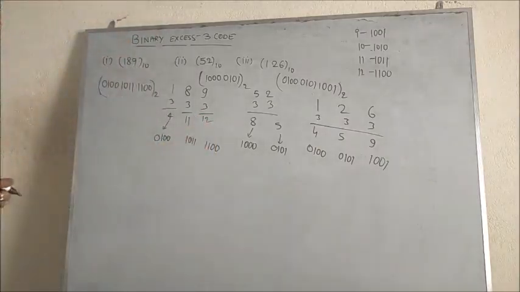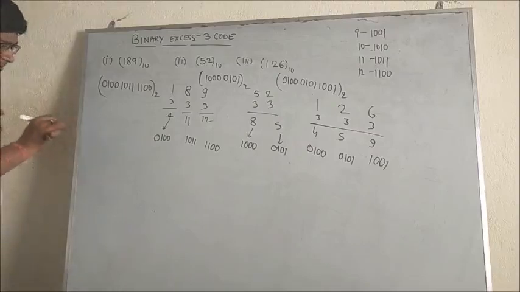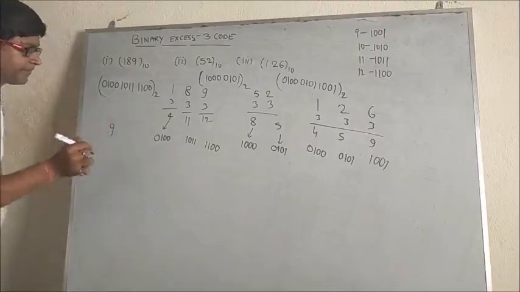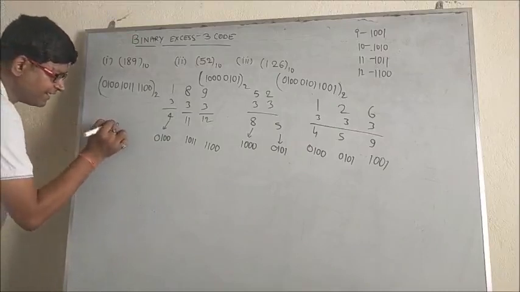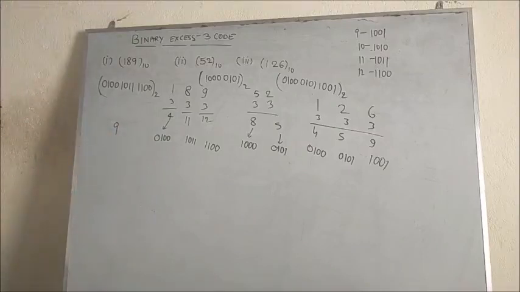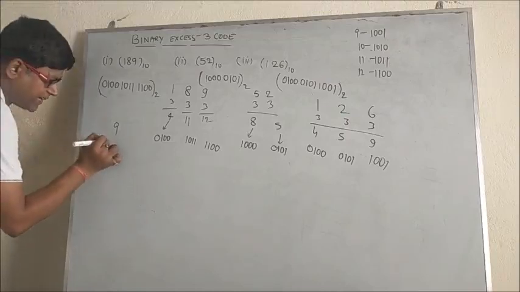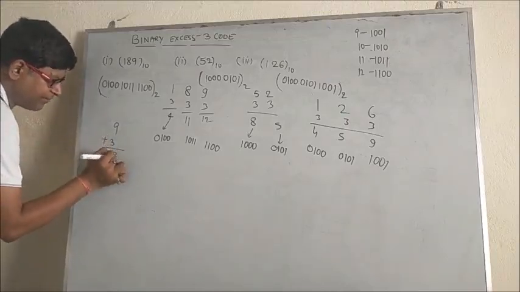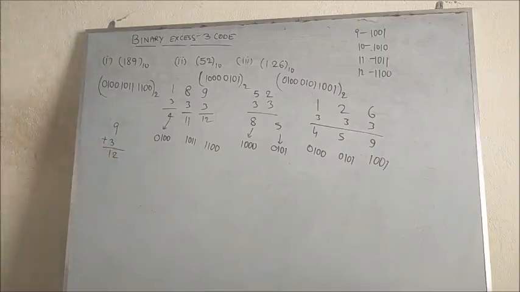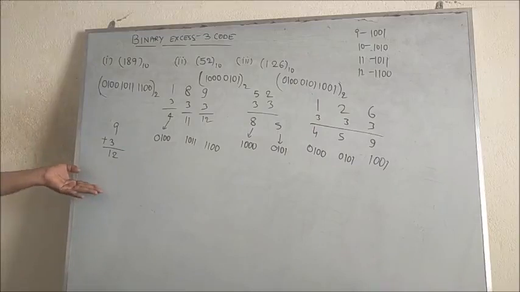Because for a single digit number, the largest number is 9, and if 9 is added by 3, the result will be 12. So the conclusion is that individually we will not get a result more than 12.